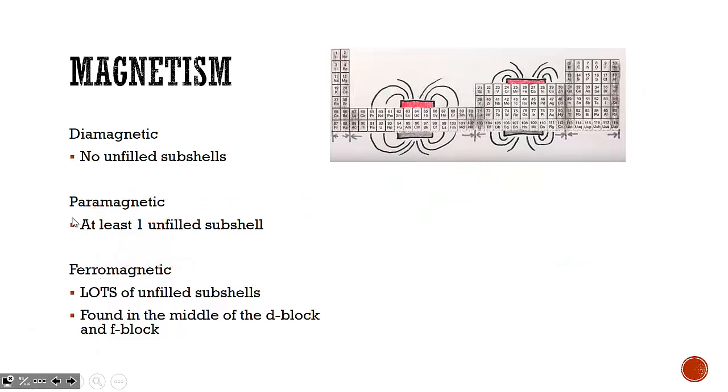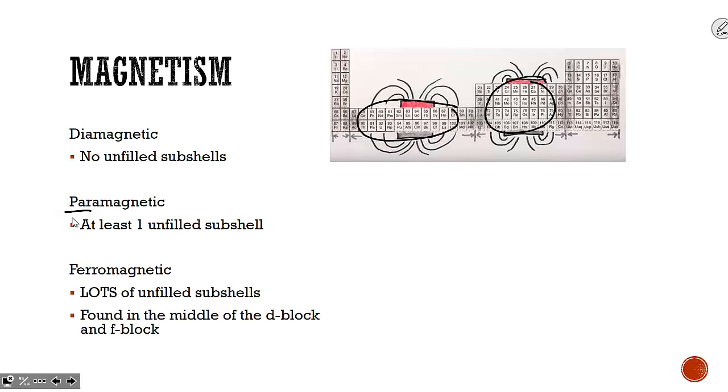In class, we watch the video on what causes things to be magnetic, but they don't go over the definitions. So when it comes to things being magnetic, if something responds to a magnetic field, it is known as paramagnetic. And things that are paramagnetic have at least a few unfilled shells. So elements near the middle of any block will be paramagnetic.